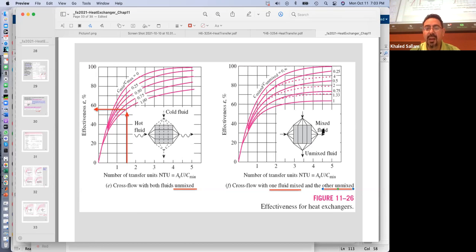So the unmixed one is going in pipes while the mixed one just stampedes together. That's the confusing part. So C mixed over C unmixed, 0 and infinity, are lumped on the same graph. Then what's confusing is, which one is the dotted and which one is the solid?